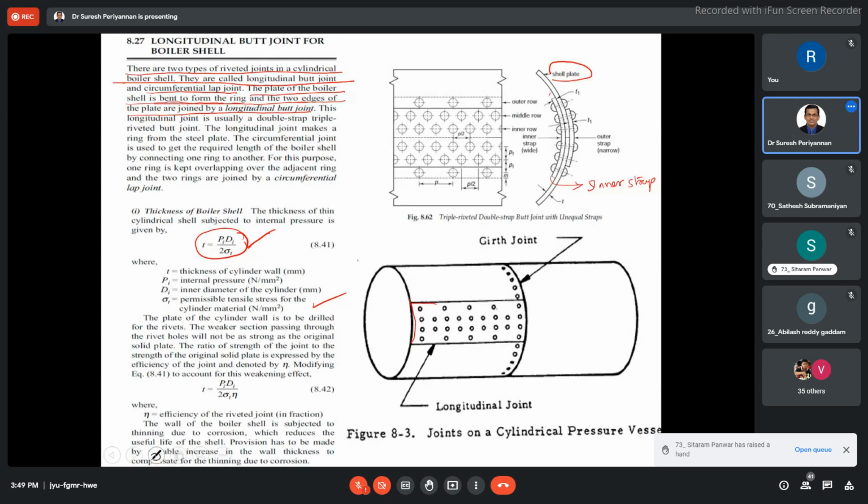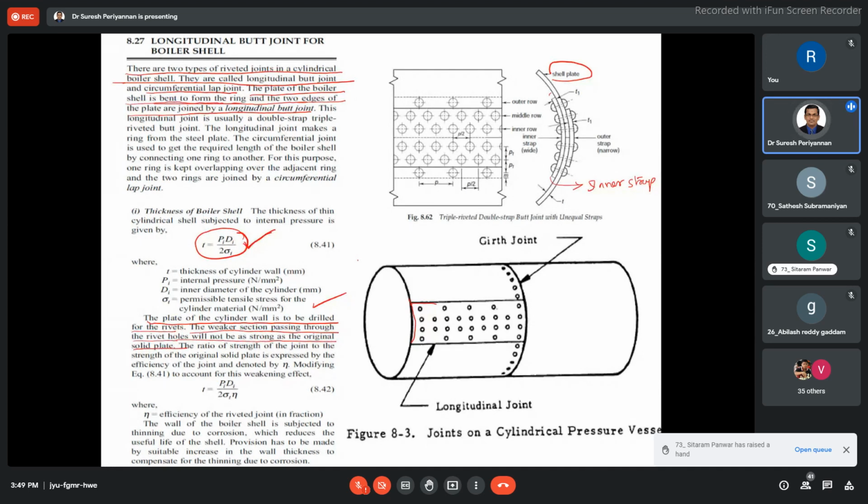Now see here. The plate of the cylinder wall is drilled for the rivets. The weaker section passing through the rivet holes will not be as strong as the original solid plate. Here also we are going to introduce the efficiency of the plate.